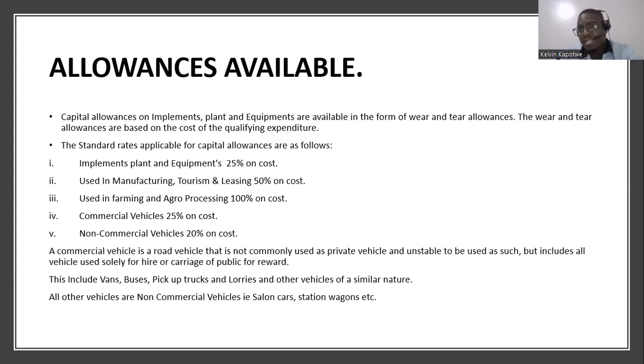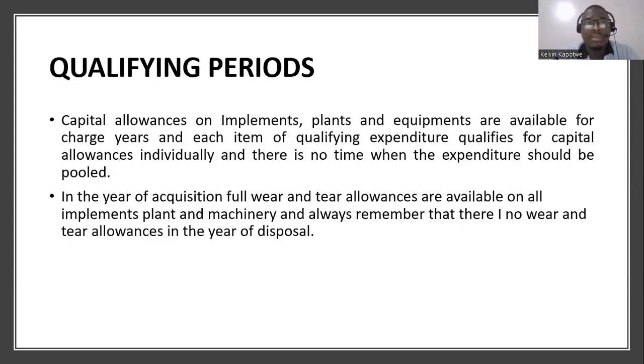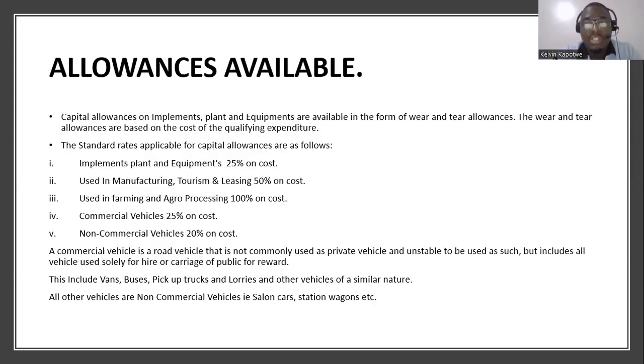Well, remember in the first instance, I said capital allowances are applicable on the capital expenditure of an asset, all right? So sometimes it is not the entire cost that qualifies for capital allowance, especially in an instance when you're dealing with commercial buildings and you're also dealing with industrial buildings.